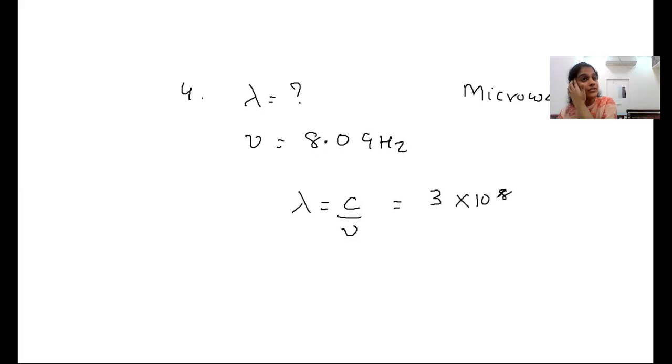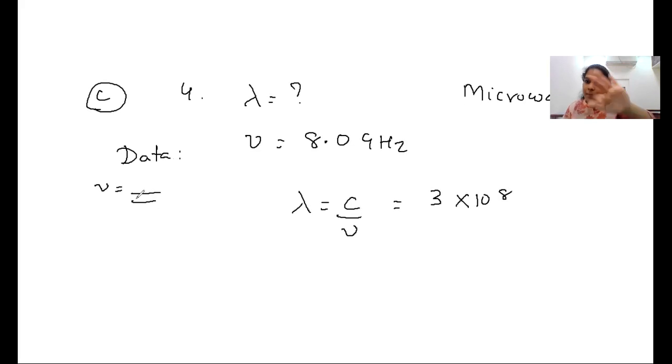Students, one more thing I wanted you to note is that sometimes in the question they don't give the value for C because it is expected that you know the value. So it is your job to mention it in the data. Like in this question, I'll write the word data. Mu is given to me. Now C तो पता ही होगा, but उसको लिखना है पेपर में, उसको डेटा के नीचे लिखना है 3 into 10⁸ meter per second.